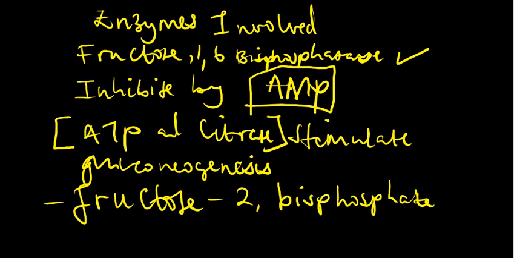That's why it's called a regulatory site, because you can determine whether glycolysis will happen or not and whether gluconeogenesis will happen or not right at this site where we have fructose 1,6 bisphosphate.